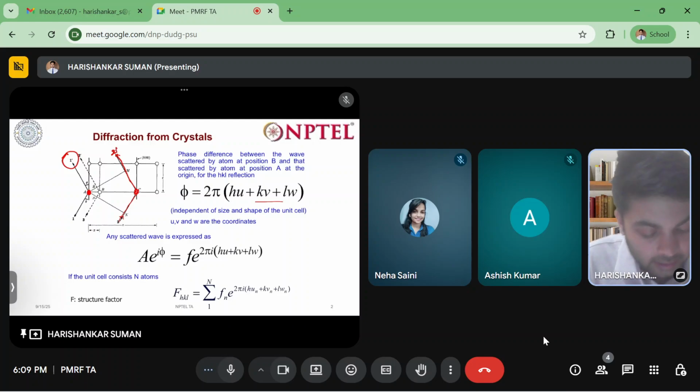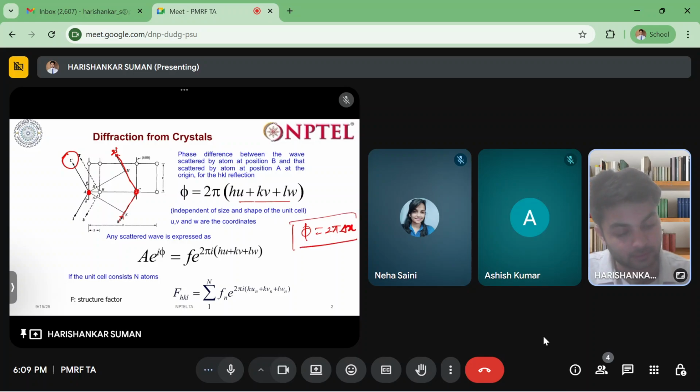So HKL are integers, which is 2 pi into x. We know 2 pi into delta x is the phase difference. This is simple.